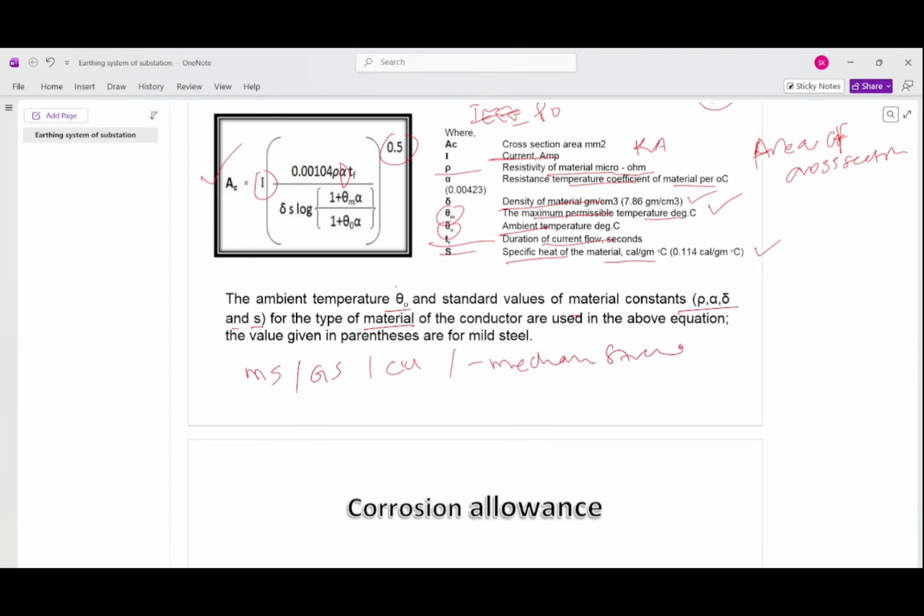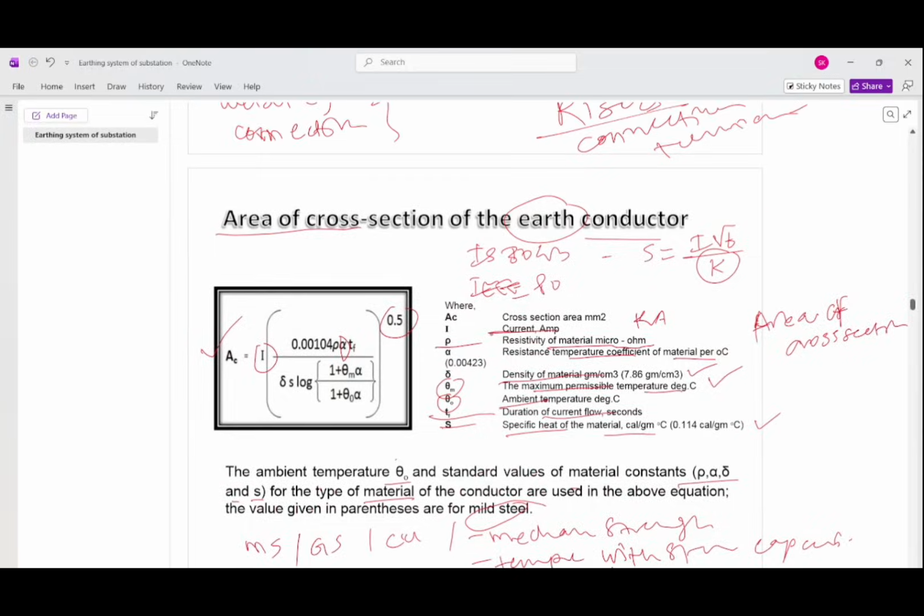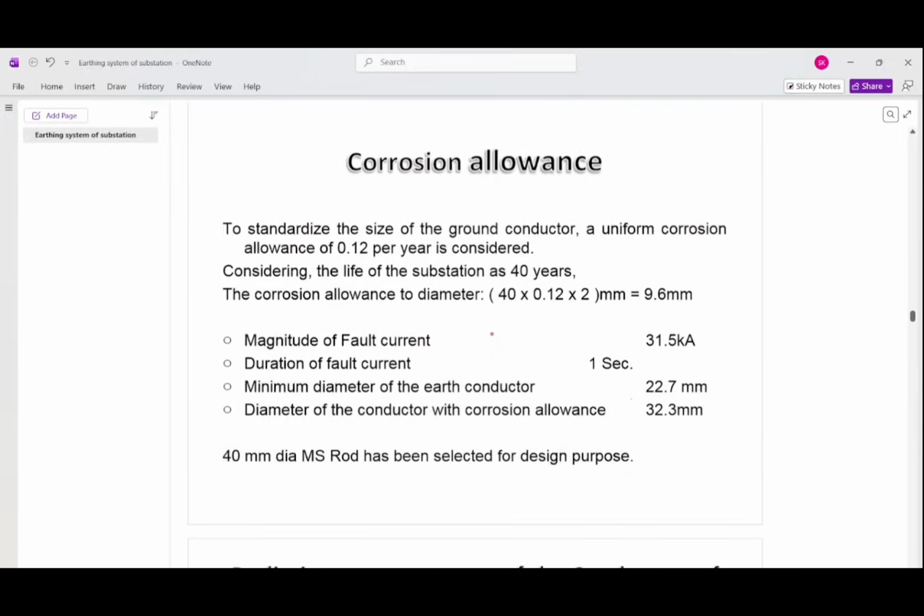Mechanical strength you can check. Temperature withstand capacity is there. Different materials have different properties. Resistivity is there. So this is the conductor sizing for the earthing.